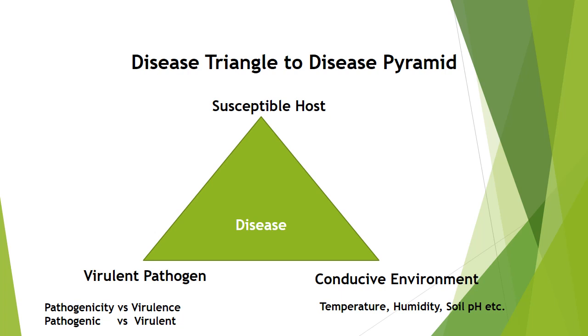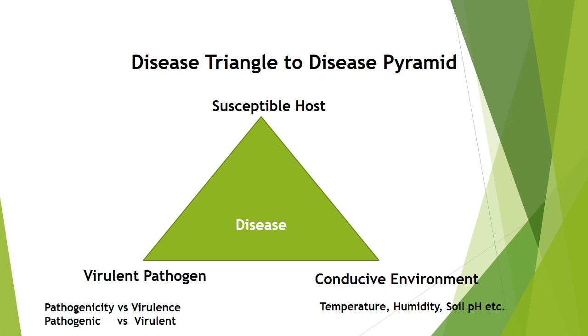The third thing which has a key role in the establishment of disease in plants is the conducive environment. When we say conducive environment, it means an environment which helps the disease to establish. We all know that plants are usually grown outside. Unlike humans or animals, they live outside at the mercy of nature.